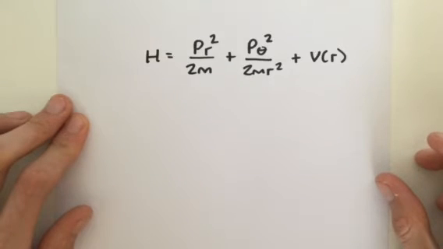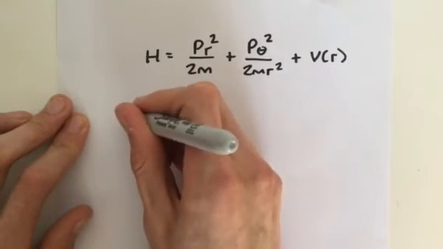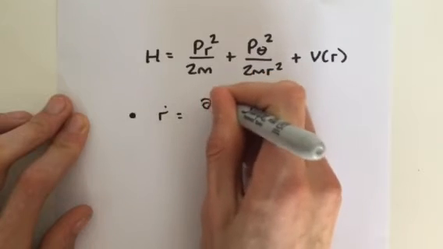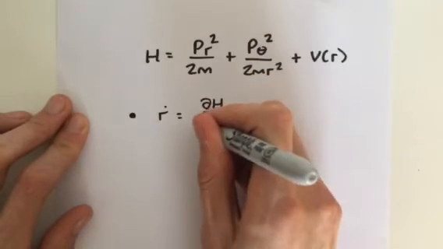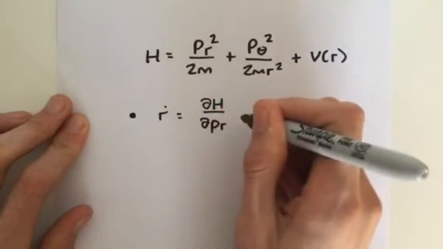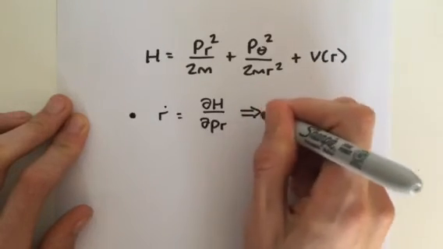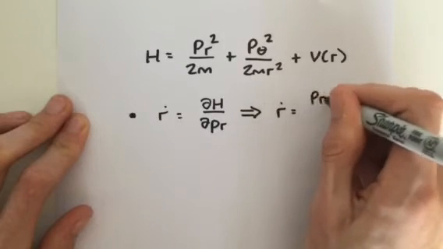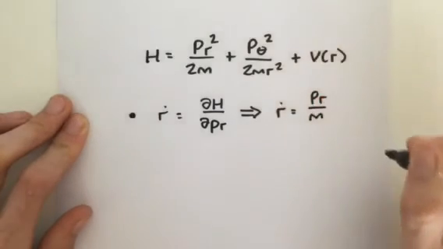The four Hamilton's equations are as follows. ṙ equals ∂H/∂p_r, which of course gives us ṙ = p_r/m.